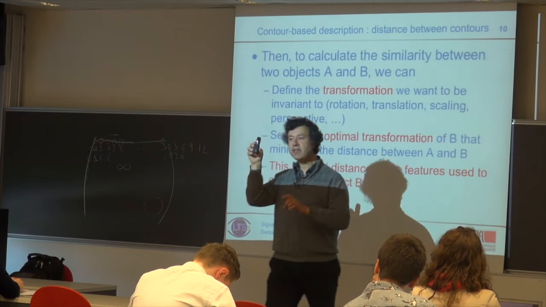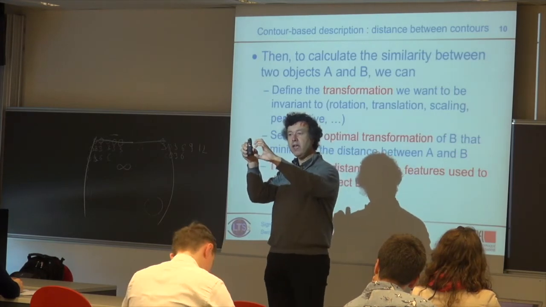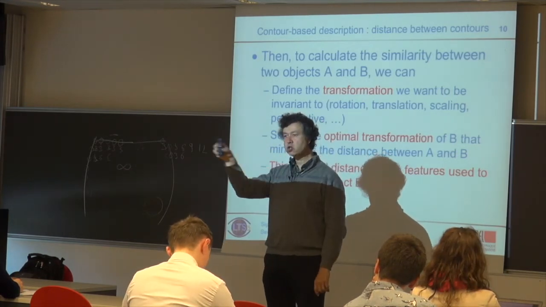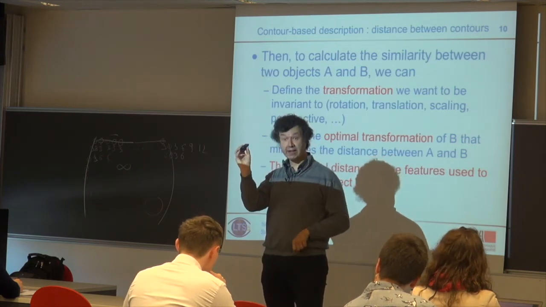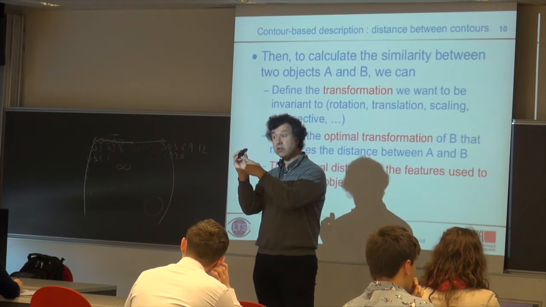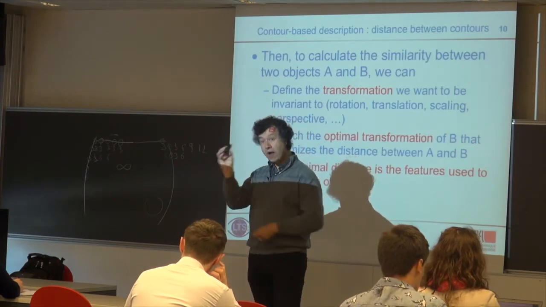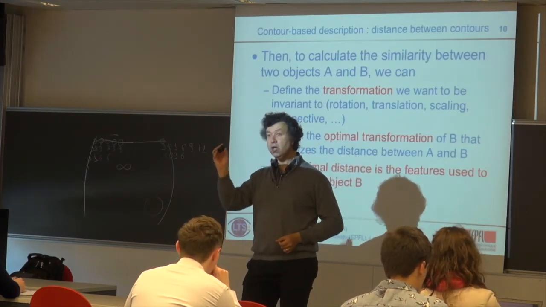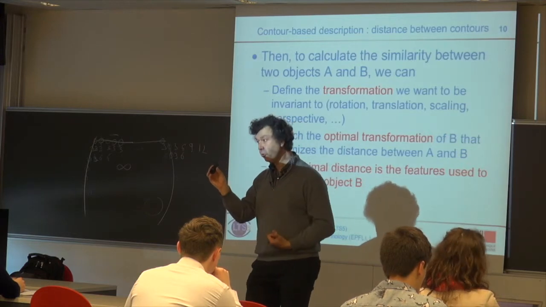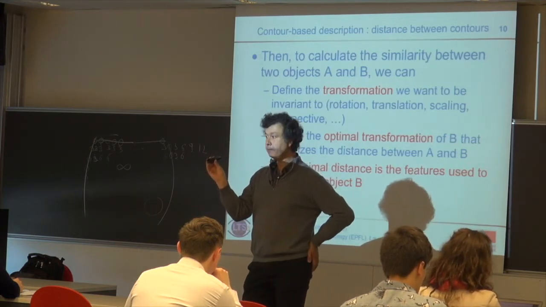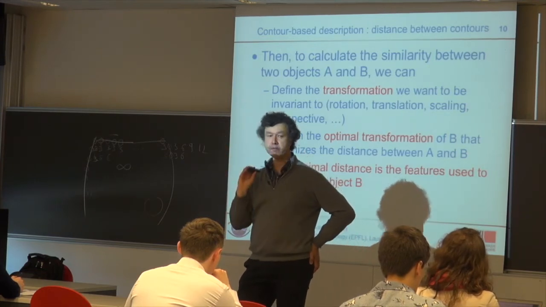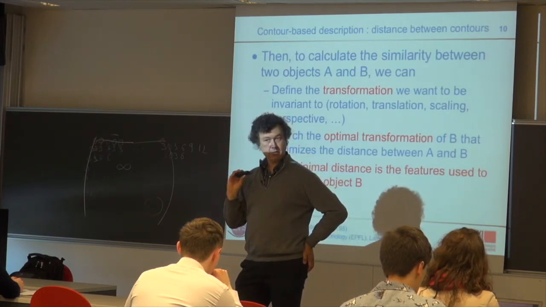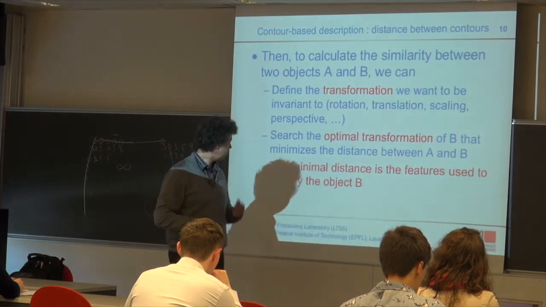Yes. Just take the second one and calculate the best rotation, translation, and scaling along one axis, the best affine transformation that minimizes the distance between the two contours. When you have done that and found your minimal, the residual distance in this case will be 0, which means that the two objects are the same, independently of the projective transformation. This is kind of powerful.